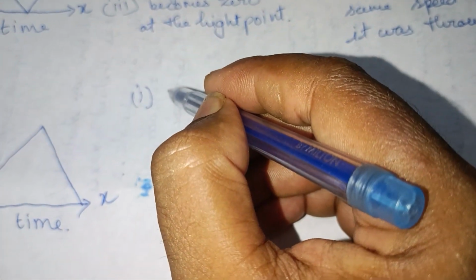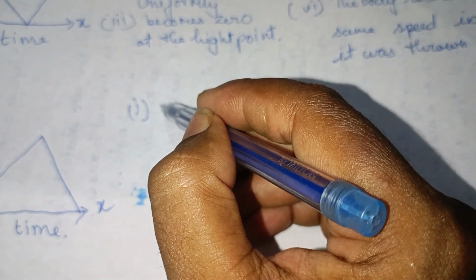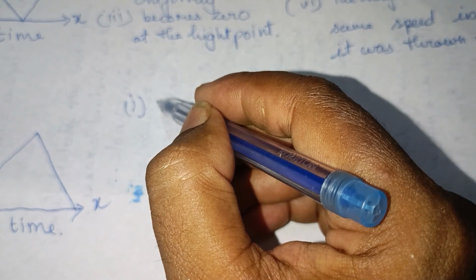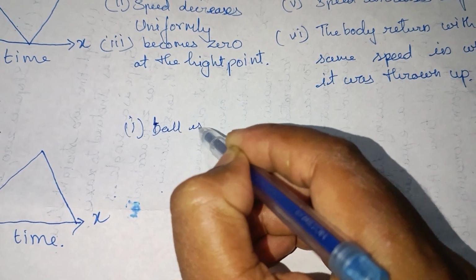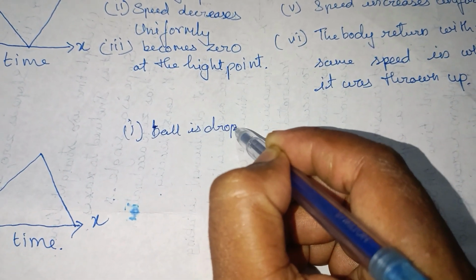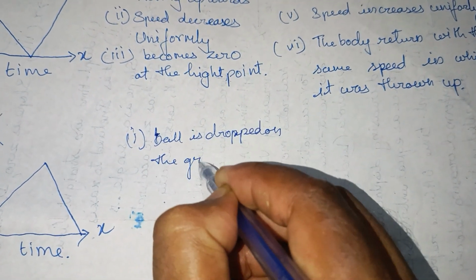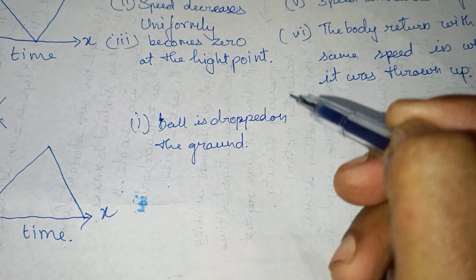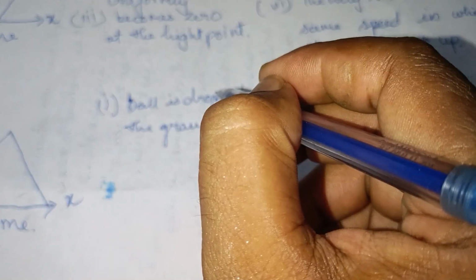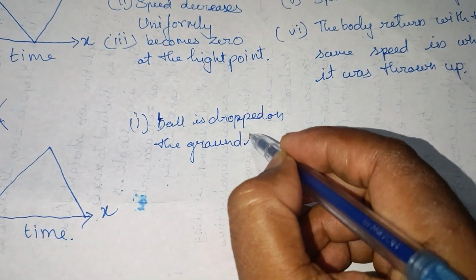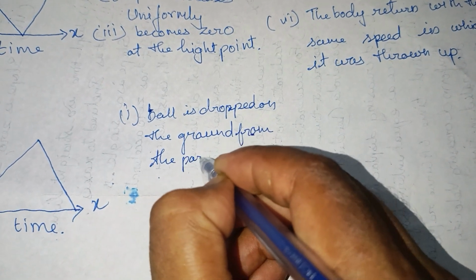In the very first point, you can consider the mass of the body as a ball. The ball is dropped on the ground from a particular height.